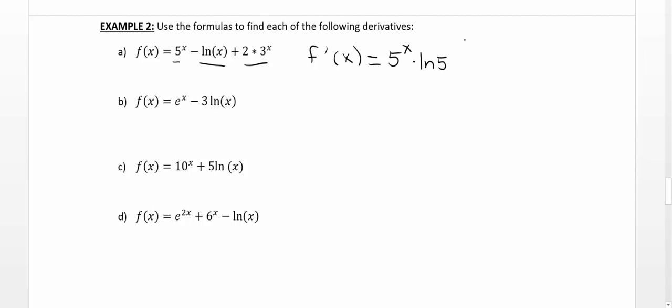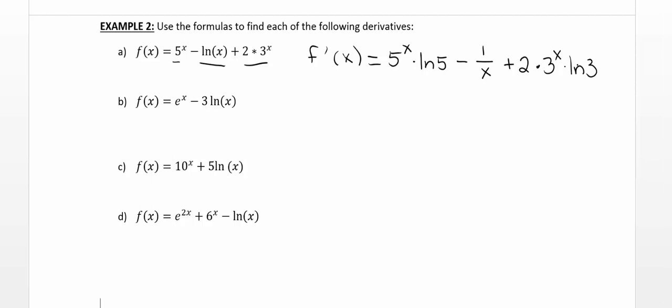So the derivative of that first term is 5 to the x times the natural log of 5, minus the derivative of the natural log, which is 1 over x, plus, now this last term we have 2 times 3 to the x. So we're going to use our constant multiple rule here. So that means that 2 is going to multiply the derivative of 3 to the x. So we have 2 times 3 to the x times the natural log of the base, which is 3. So our full derivative looks like that.